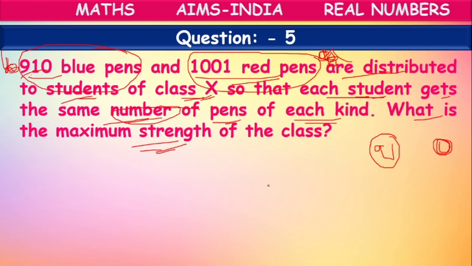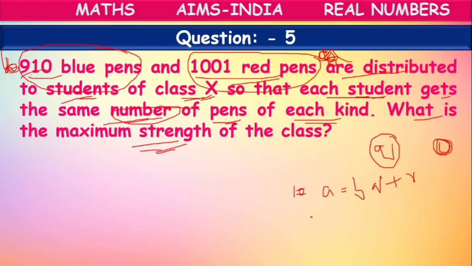So here, let us solve with the Euclid division lemma. Let's take the bigger number. What is Euclid division lemma? a = bq + r.